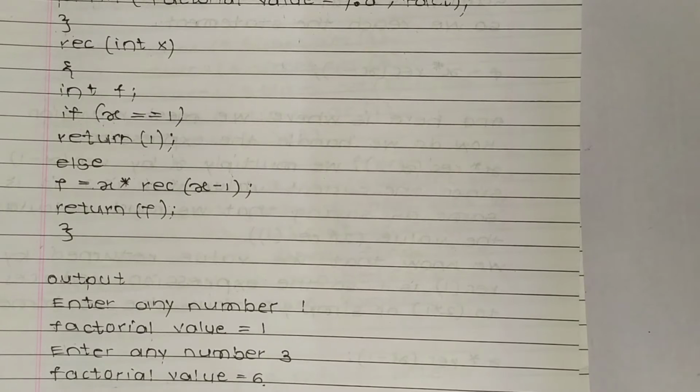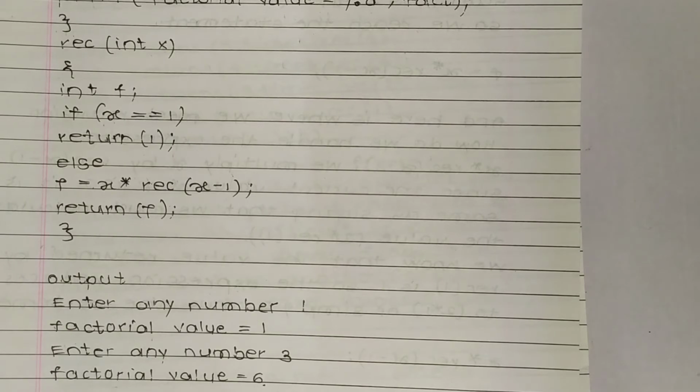Now int f, so f is another integer we are defining. Now if x is equal to 1. The == operator is used for comparison of x with 1.